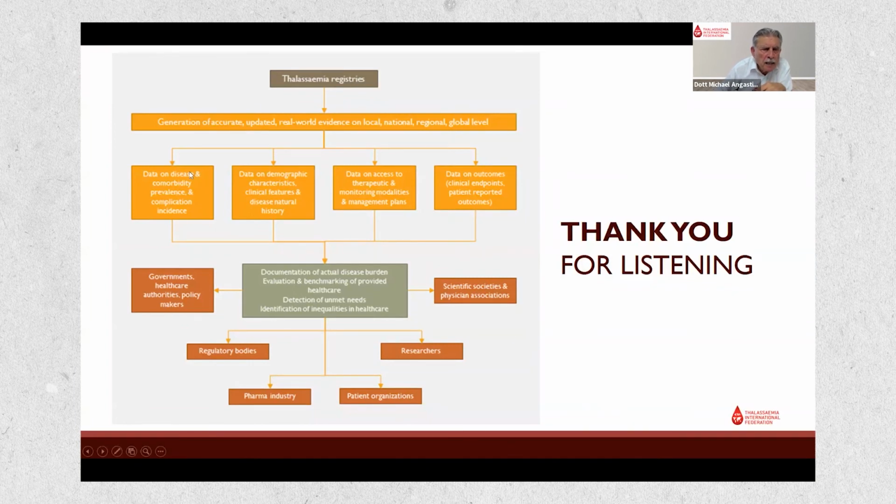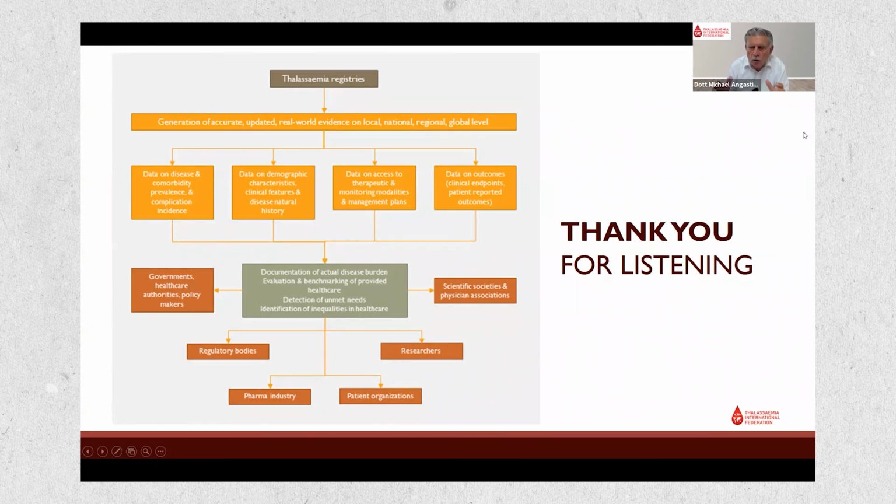There are many players as far as registries and electronic health records are concerned. They include the doctors, the patients, the regulatory bodies, industry, researchers. These are all a complex communication system which has to be considered when we're developing.